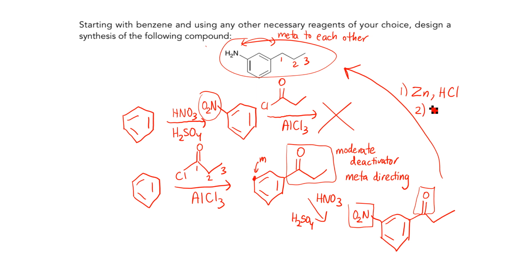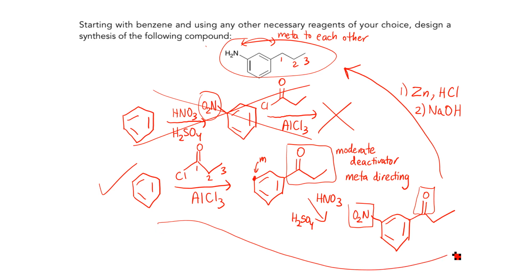And the second step is NaOH. Well, guess what? Zinc and HCl, that's a Clemmensen reduction, can also reduce the carbonyl down. So look at that. You can get rid of both of those in one shot. That's just a practice example related to that. So remember, this couldn't work. This worked, right? This path all the way there worked great. Okay. Now it looks a little messy, but hopefully that made sense.